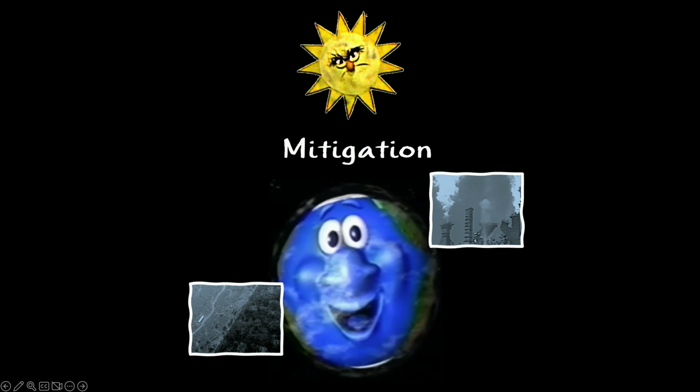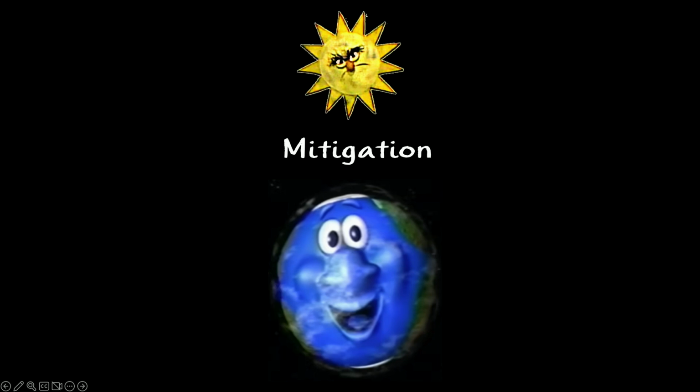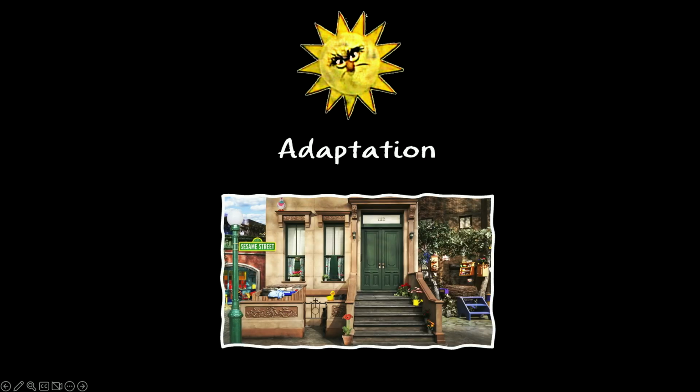Climate change mitigation is things that address these root causes, things like reducing emissions or reforesting deforested areas. Right. And for the most part, that's the last I'm going to say about mitigation, because most of this talk is really going to focus on adaptation. And adaptation is essentially the things that we do at a local level to deal with the effects of climate change that are already happening.